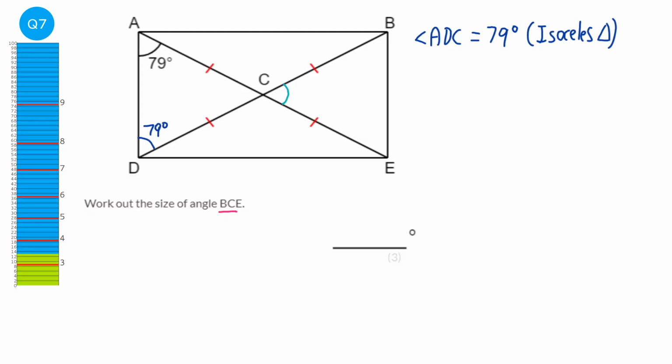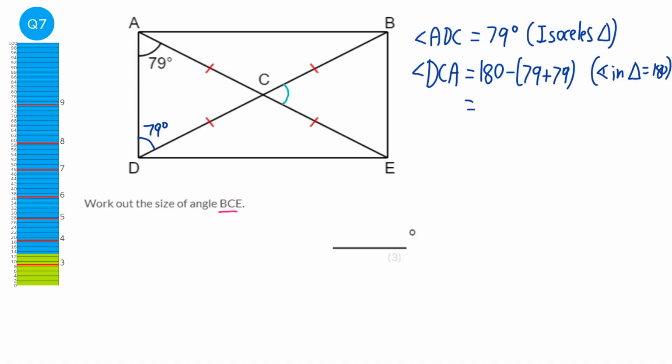Now we've got two of the three angles in the triangle, and the last one is going to be angle DCA. And to work out what this angle is, we're going to take it away from 180. So we're going to do 180, take away the two 79s we've just worked out. And the reason for that is angles in a triangle equal 180 degrees.